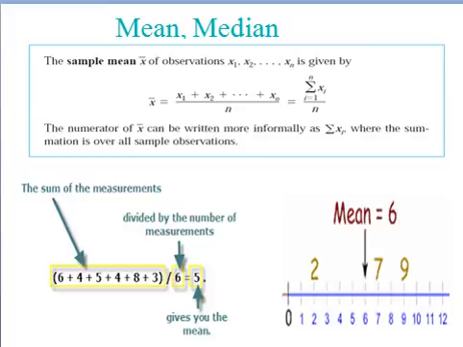However, mean is a very sensitive point estimator. Let's say if I'm adding an outlier to my data set or subtracting an outlier, then it will change the mean value very drastically.